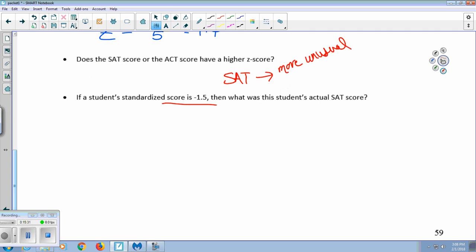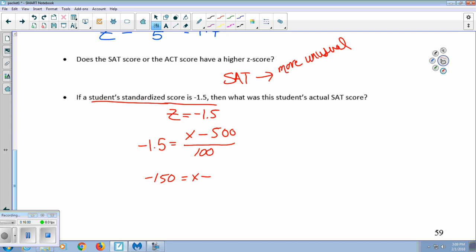Okay, so this is actually what Z is equal to. It tells me the student's standardized score is this. So Z equals negative 1.5. So we're going to use a little bit of algebra to figure out what value would give me a z-score of negative 1.5. So I'm going to multiply both sides by 100 and then add 500 to both sides, and I end up with x equaling 350.